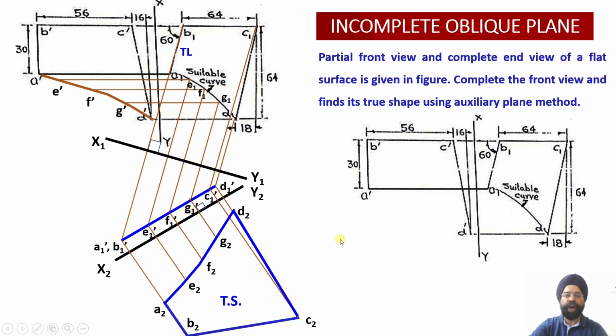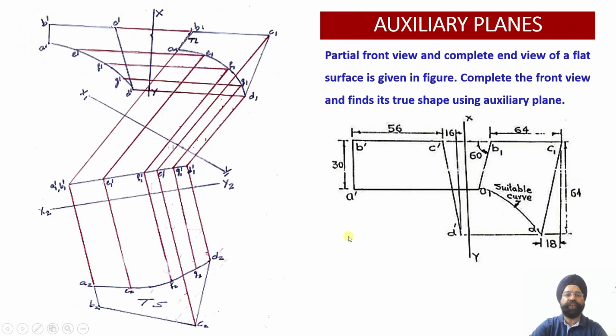Now I'll just show you how we have drawn it actually onto the drawing sheet. So just see, this was my curve, this was the incomplete portion, this was the actual portion which has been drawn. Now this was the true length, we have gone parallel to the true length, edge view has been obtained. Now these distances E1 dash, F1 dash and G1 dash have been back propagated to obtain the incomplete portion of this curve.